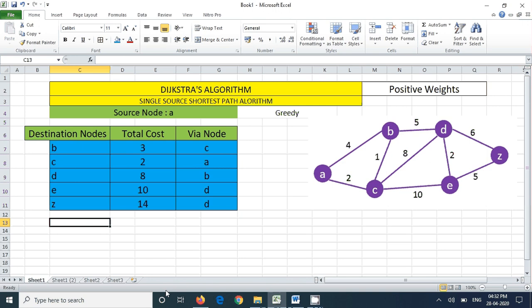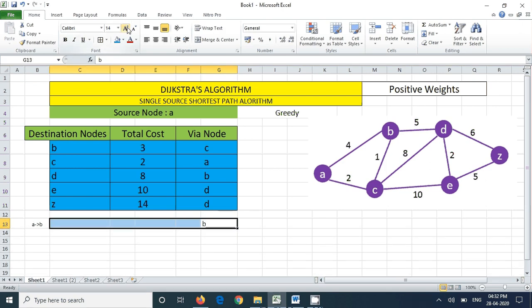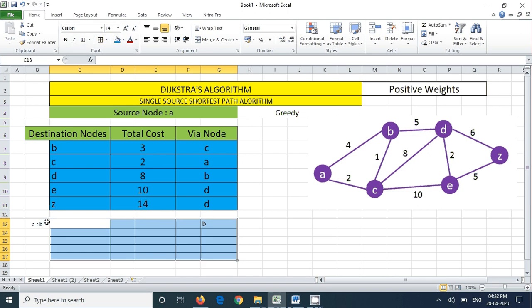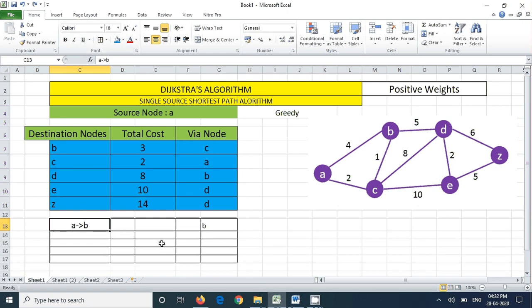First, A to Z, where A is the source node. A to B: just see what the path for A to B is. The destination is node B. B can be reached via which node?